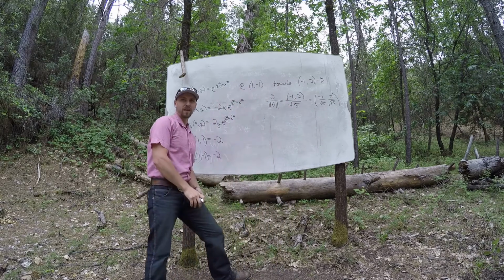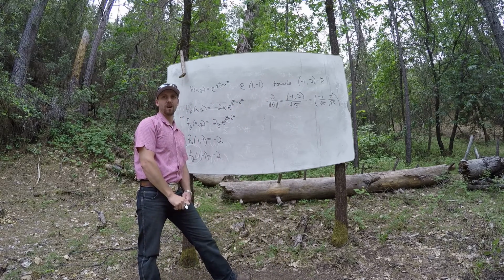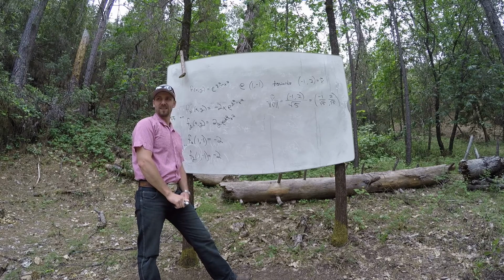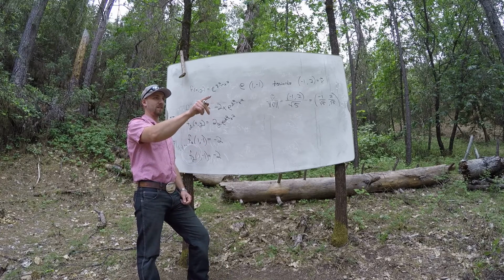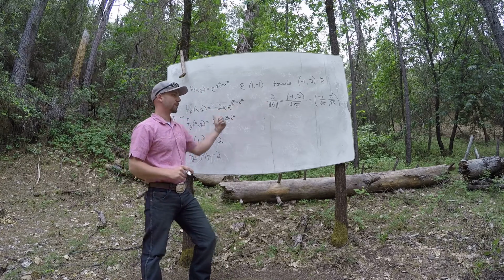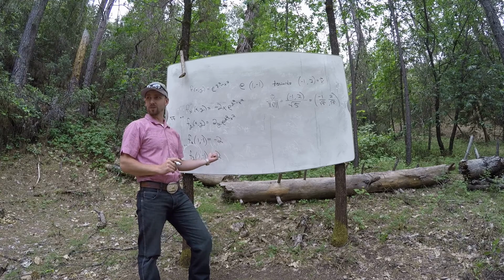Okay, then what do you do with that? I want to dot that with the gradient vector evaluated at my point.